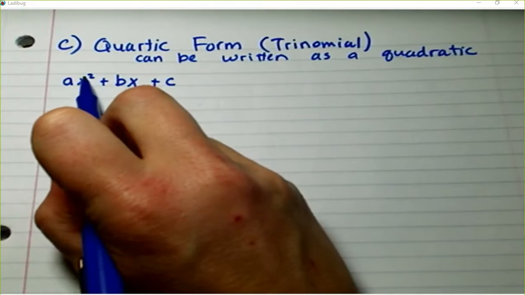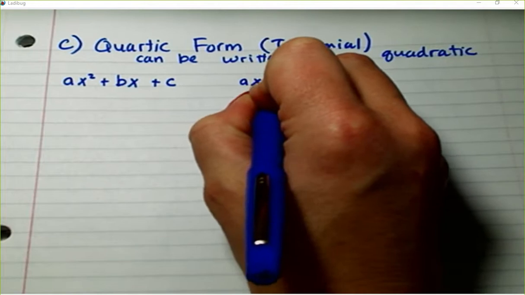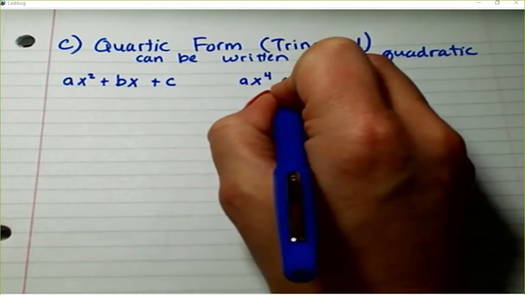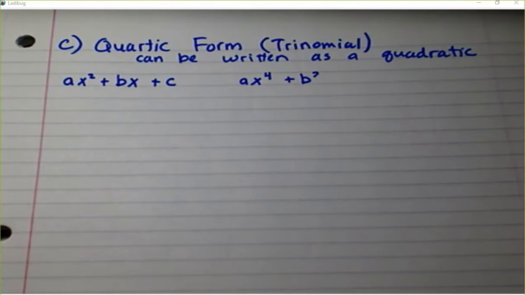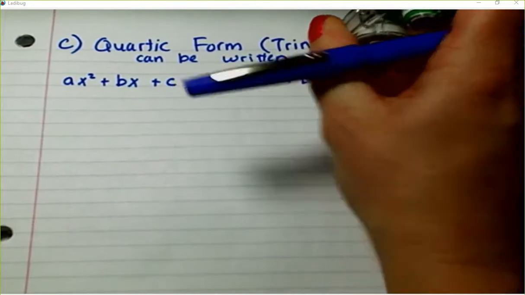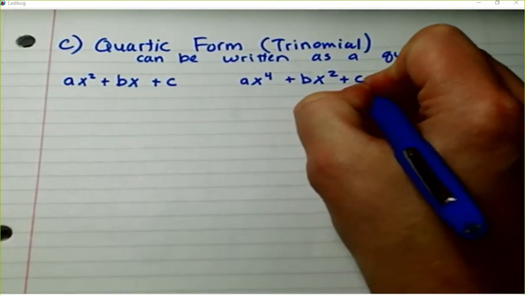So I'm going to up the degree. Ax to the 4th plus bx squared, hold on, no, I was trying to say x squared. I just left off my x. Plus c.